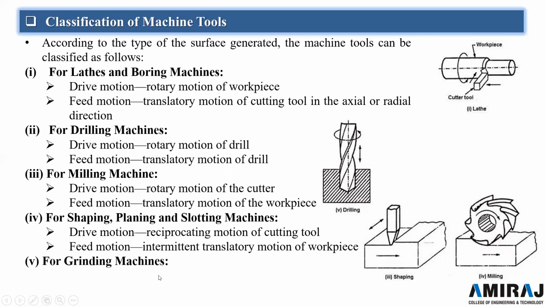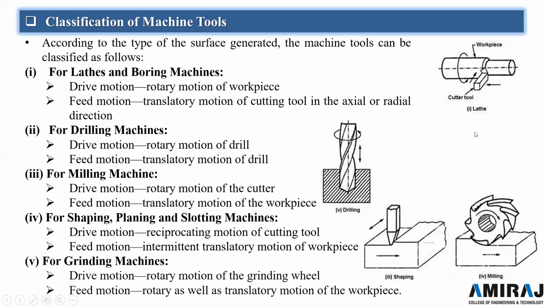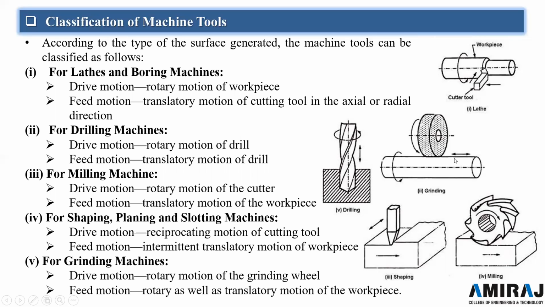And for grinding machine, here you can see this is the grinding. So the drive motion is rotary motion to the grinding wheel, and the feed motion is rotary as well as translatory motion of the workpiece, okay. Sometimes it remains stationary.